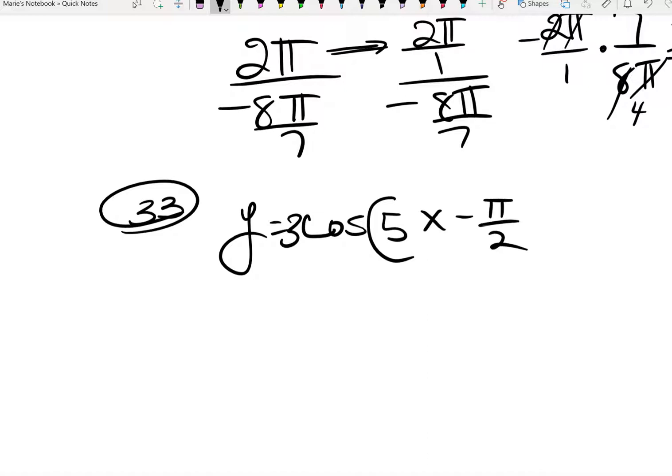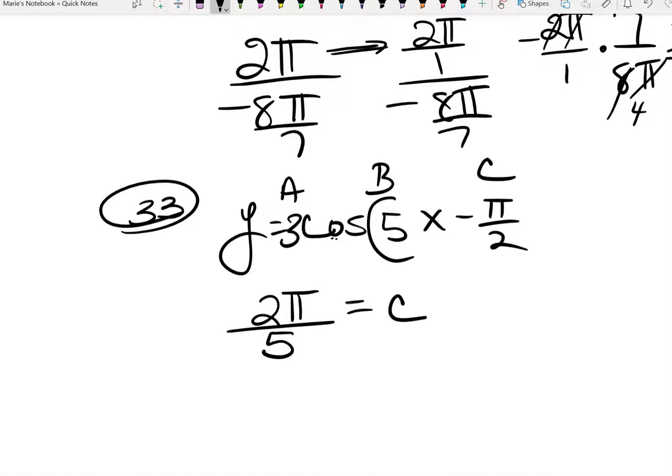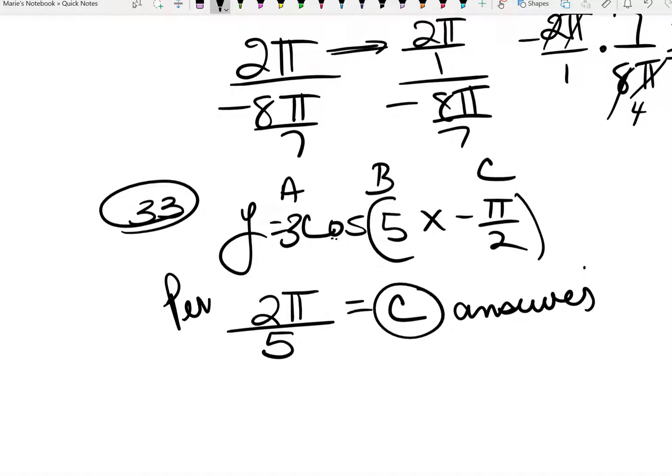And if you remember, this is A, this is B, this is C. And so for cosine and sine, the period will be 2 pi over B, so in this case over 5, and our final answer ends up being C as the answer, not as in C. Remember, it's period over B.